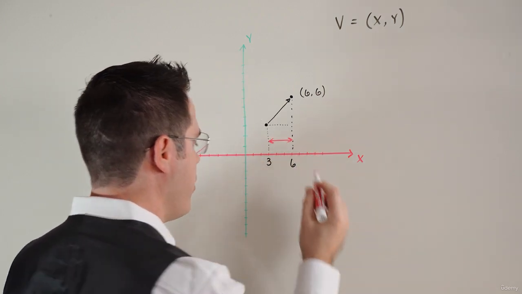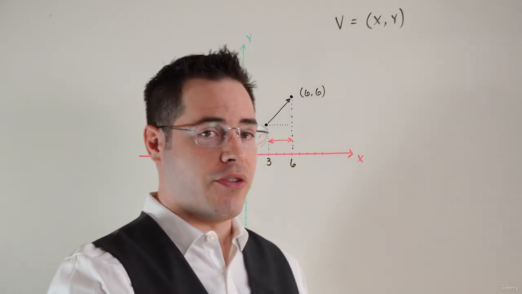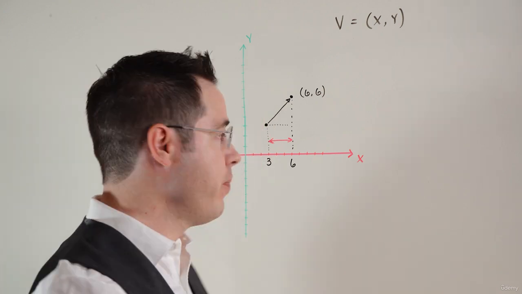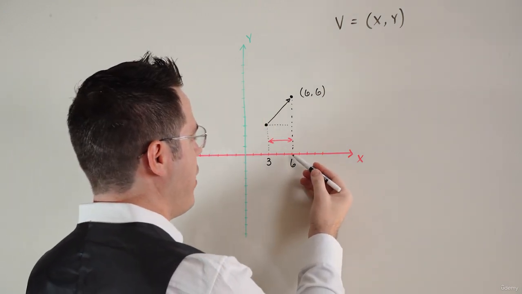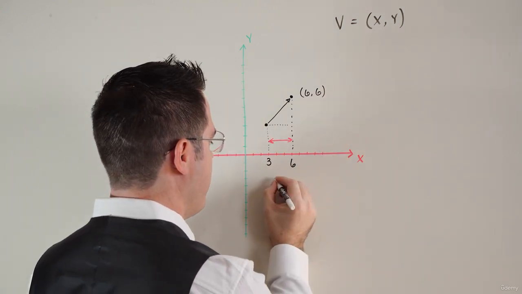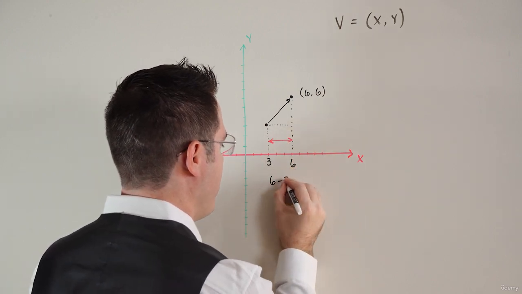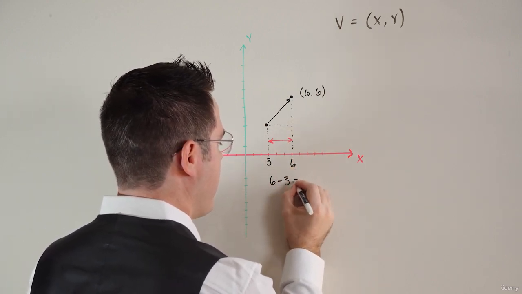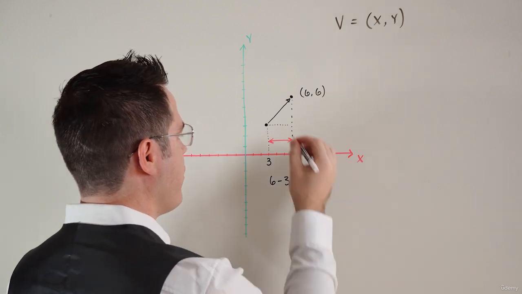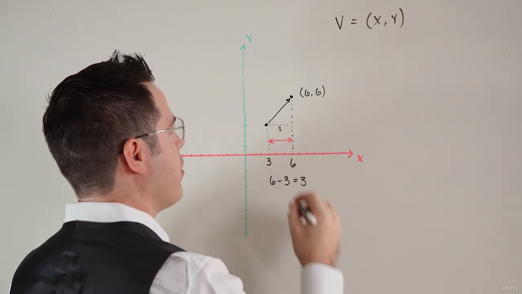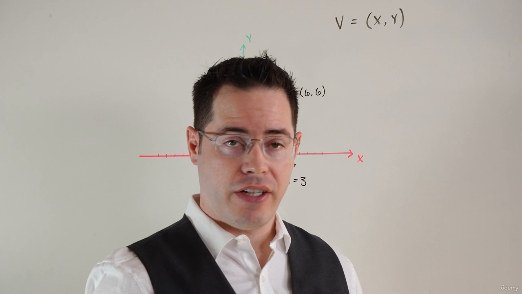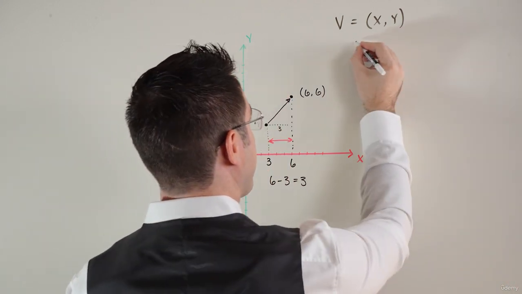Now, if you're intuitive, you may see that it's 3. But the formula is to simply take the x-coordinate of the head, which is 6, and subtract the x-coordinate of the tail, which is 3. And that gives us 3. And so we know the x-component of our vector is 3.